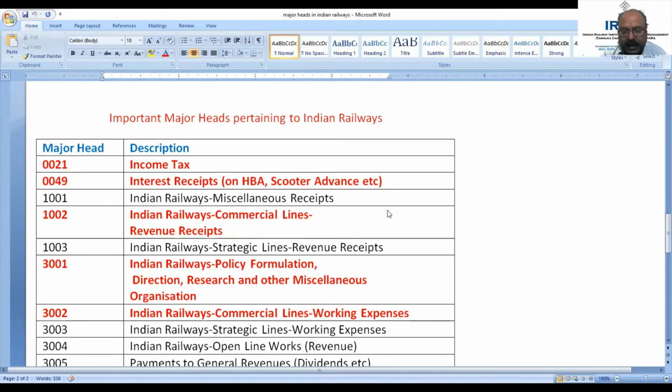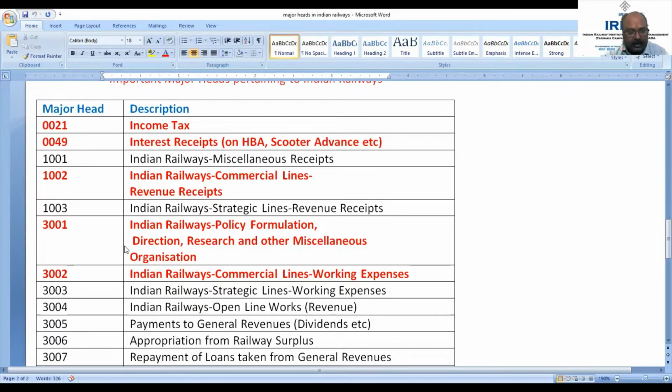For strategic lines, it is 1003. You can remember easily: 1001, 1002, 1003, and again 3001, 3002, 3003, all three related. The 1000 series is the revenue earnings receipts, and the 3000 series is the revenue expenditure.